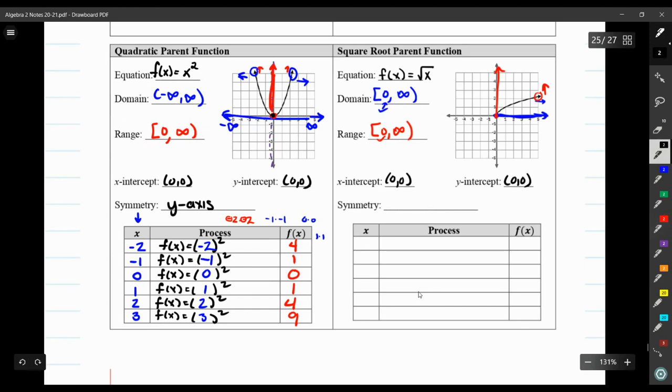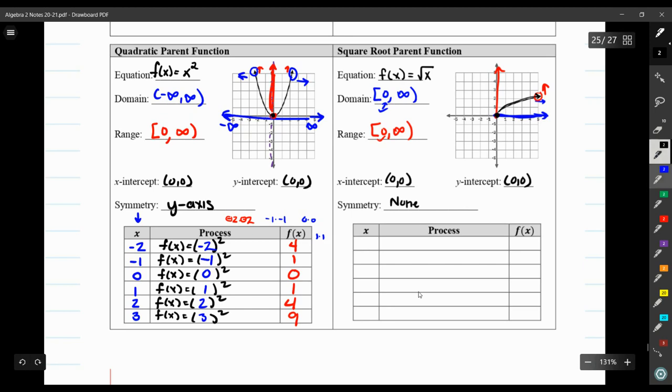And the y-intercept as well. It starts here at the origin. The symmetry on this one, well, all I have is this one little piece. There isn't any. There's nothing I can do to try to make that guy symmetrical in 2 pieces. So the square root function does not have any kind of symmetry to it.